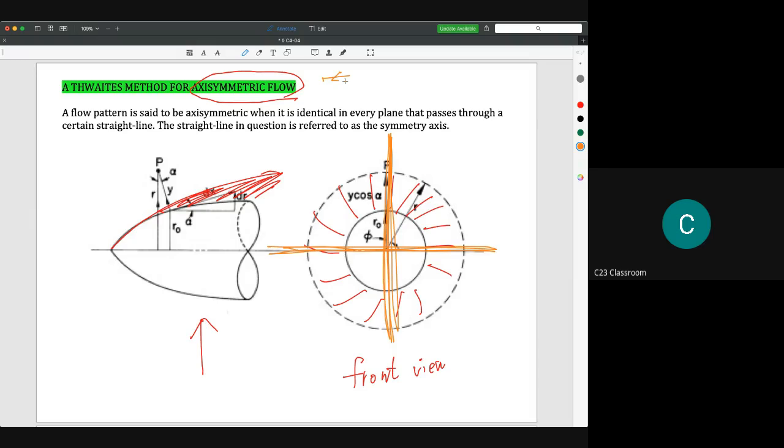The straight line in question is referred to as the axis of symmetry. In axisymmetric flow we usually use polar coordinates, so the term of radius usually comes out in axisymmetric flow.